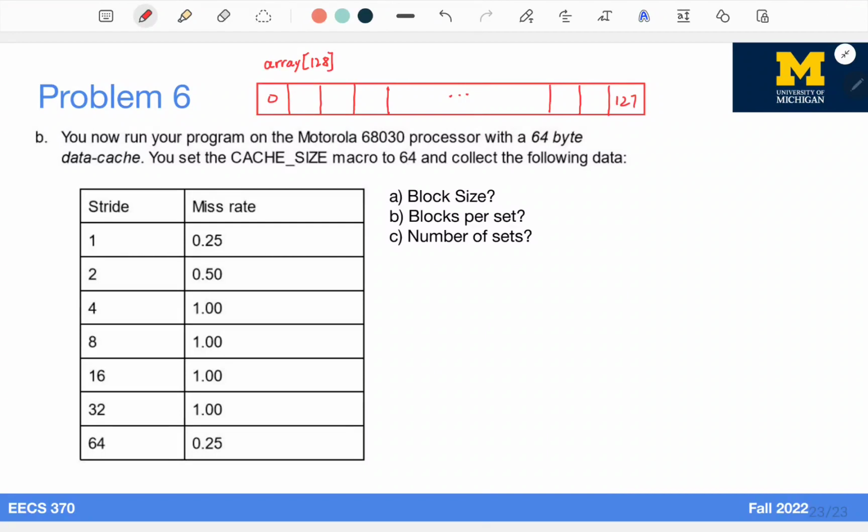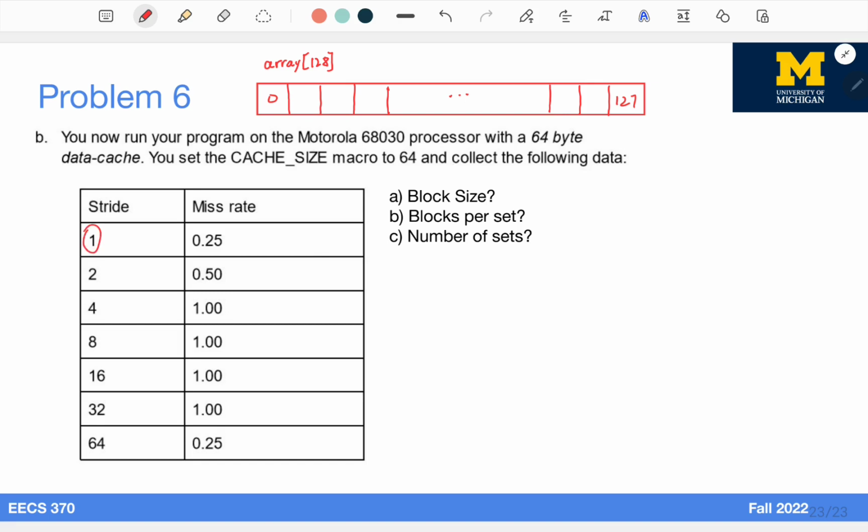Part B is much trickier because this time we need to reverse engineer the specifications of the cache. Although we don't know anything about the block size or any other cache structure, we can still deduce something from the stride equals 1 situation.